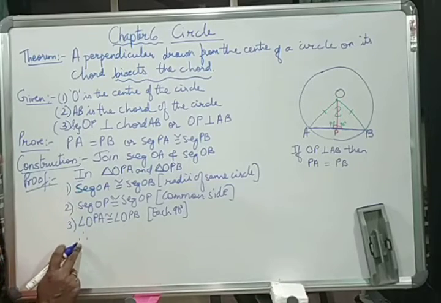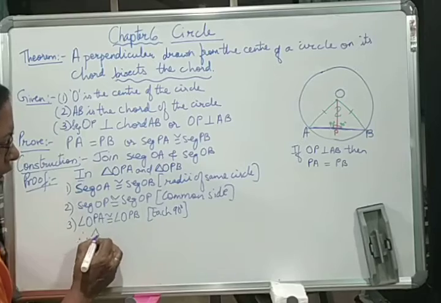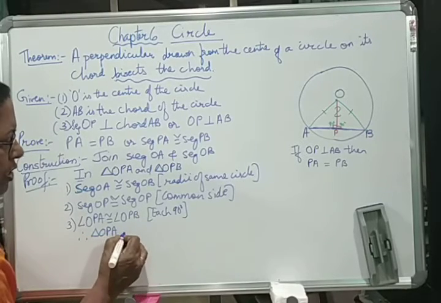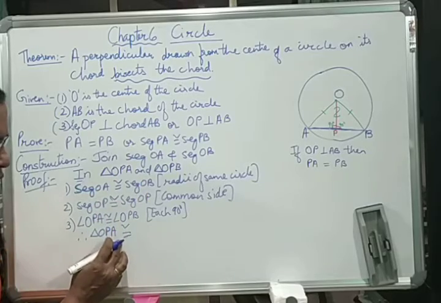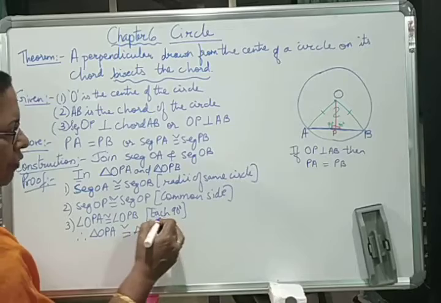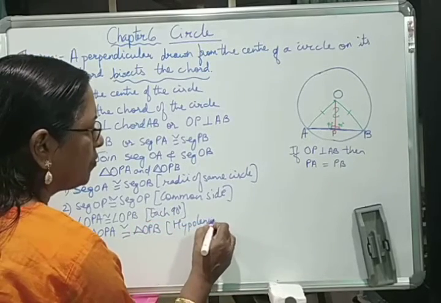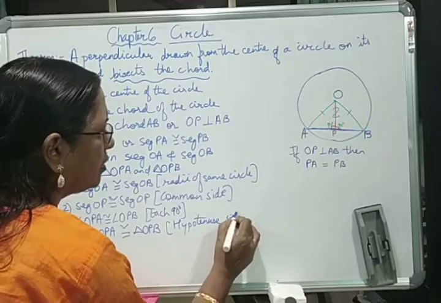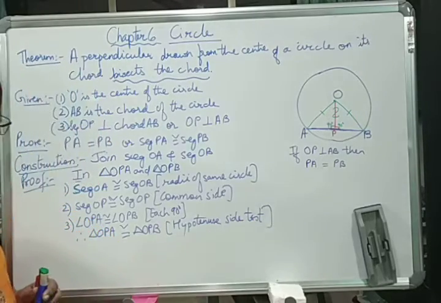Therefore, now you write down the word therefore. You will not write again in. Therefore, triangle OPA, and you will use this symbol, that is congruent, congruent to triangle OPB by which test? Hypotenuse side test or hypotenuse side theorem.